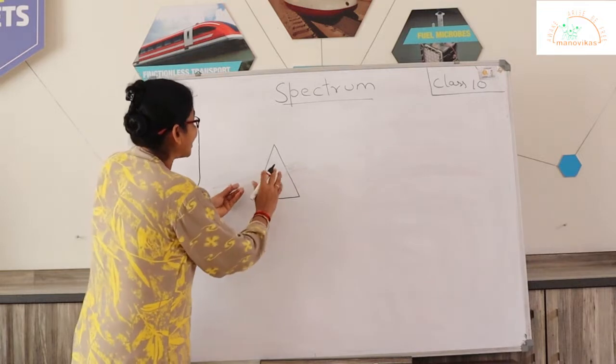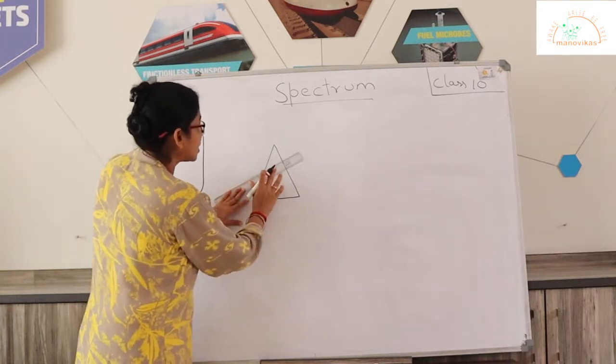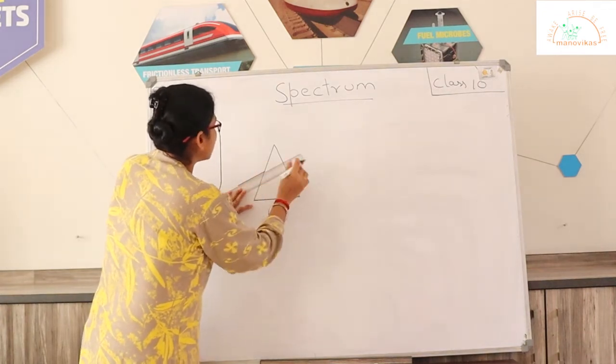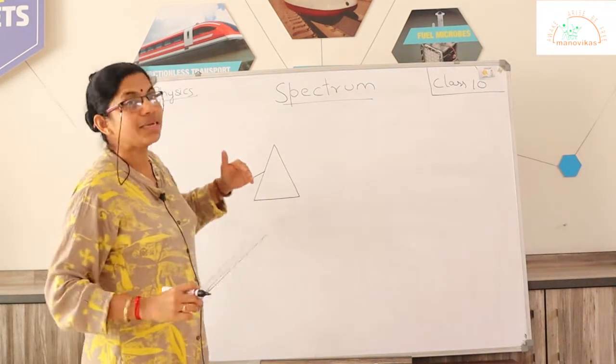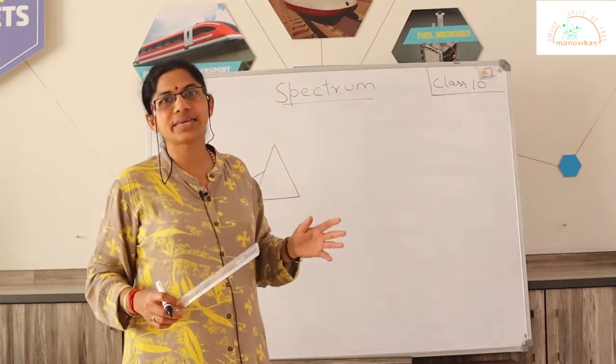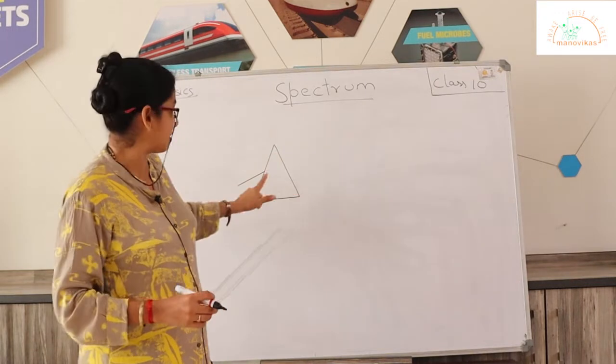When light is incident on one surface of a prism, there will be dispersion of light as well as deviation of this incident ray.